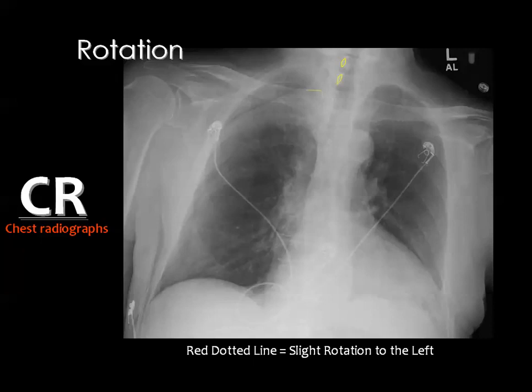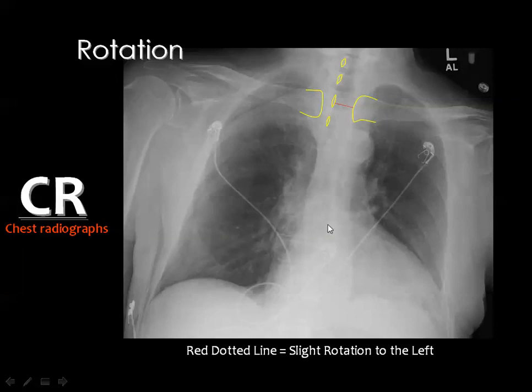Then many of the patients are not well centralized during the X-ray examination, and this will result in inadequate visualization of the lungs in a symmetrical way and may give a false impression about some enlargement of the hilar shadow or some translucency of one of the lungs compared to the other.